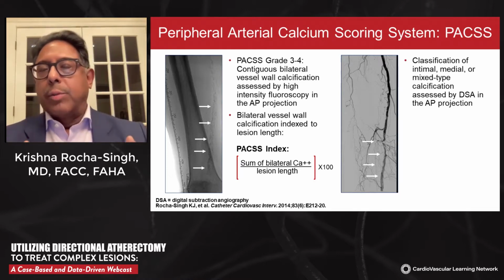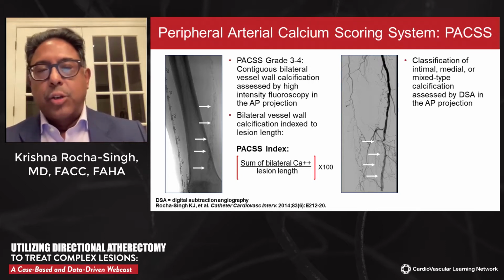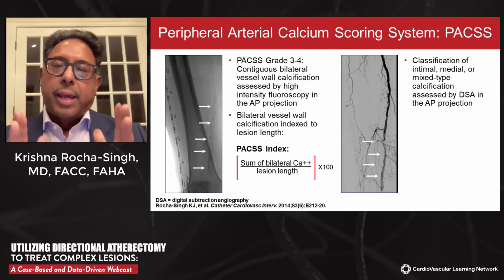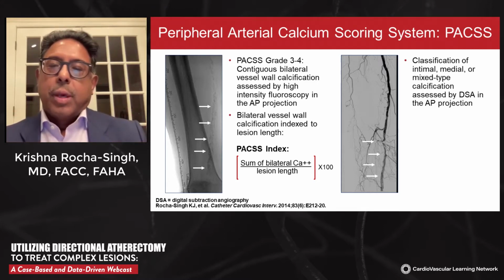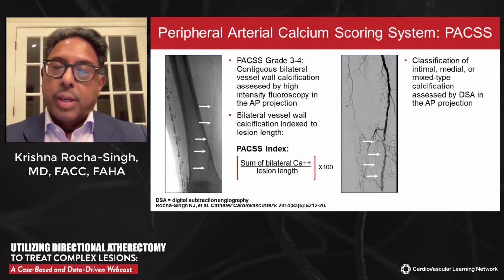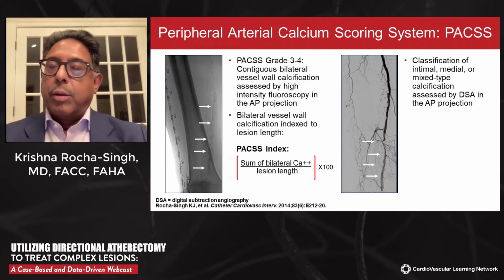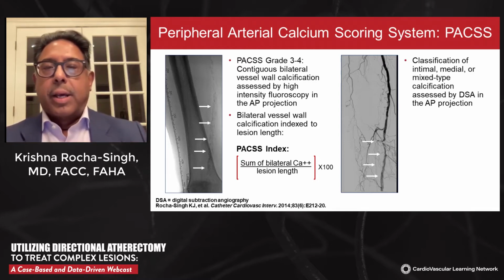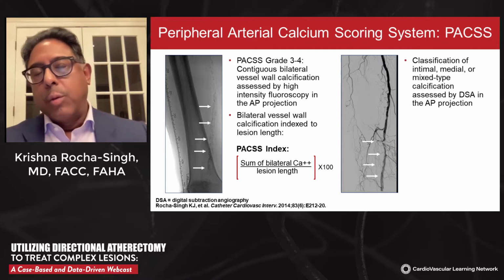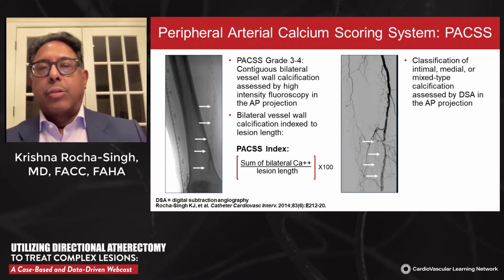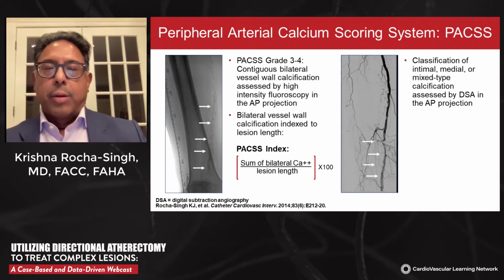And so we were able, at any length of lesion, to determine the percentage of that lesion length that had bilateral calcification. We also assessed the location of the calcium, whether it was intimal, medial, or adventitial. So we prospectively defined in REALITY what we felt to be one of the major drivers of potential loss of clinically driven TLR and/or procedural complications, and that is calcification.